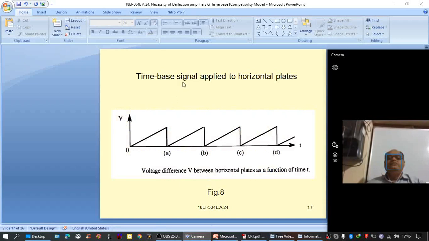This is how a time-base signal appears: a linearly increasing ramp voltage followed by a sharp decrease of the ramp signal. Linearly increasing and sharp decreasing.